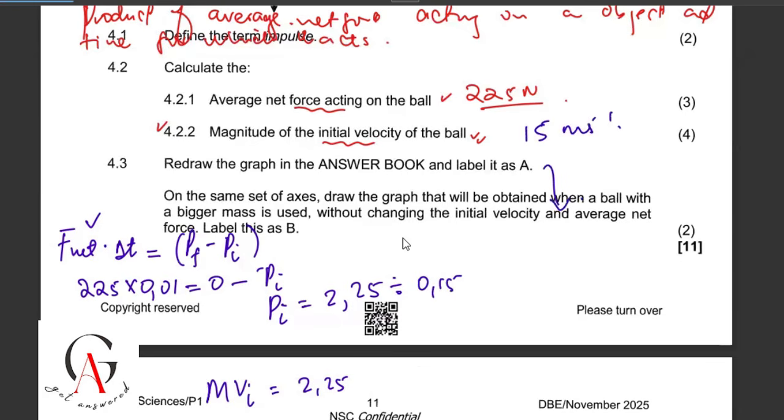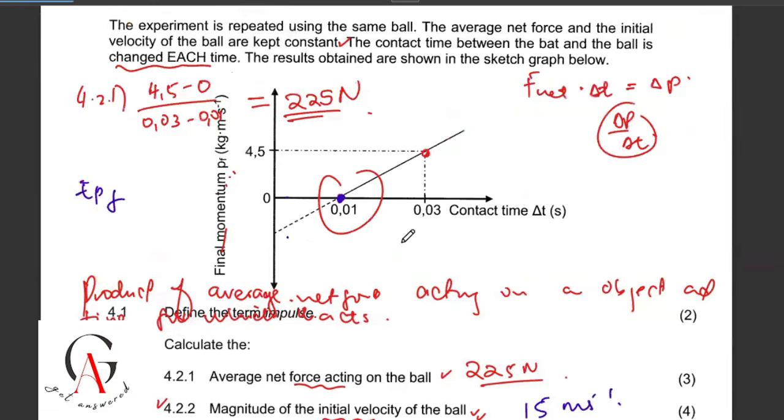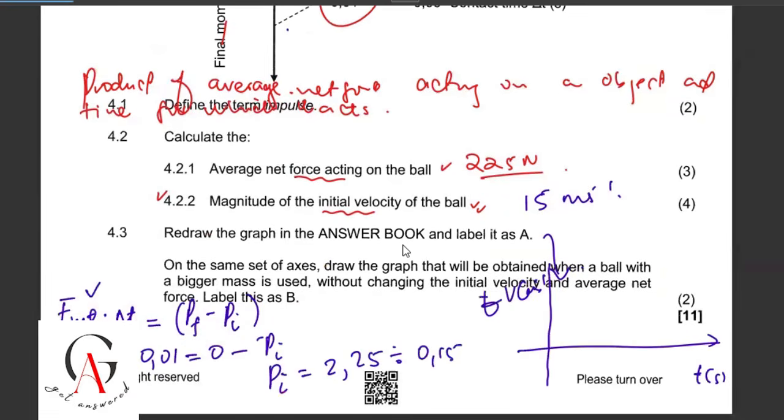And then 4.3, redraw the graph. They want us to draw just the same thing, but it's not velocity, it's the change in momentum, in kilogram meters per second.